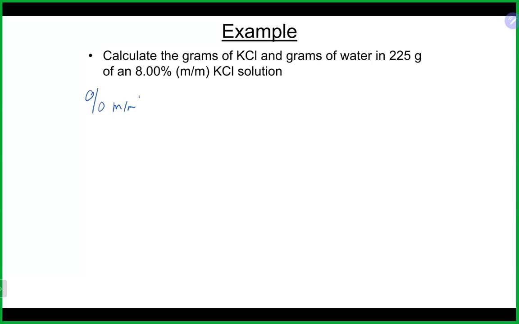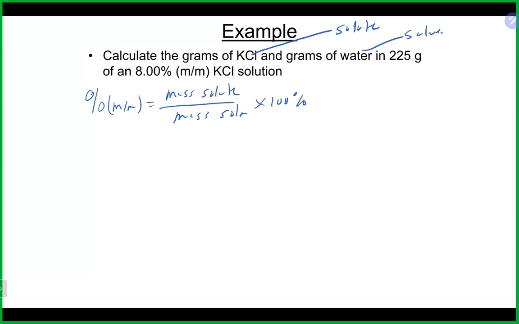Mass percent is the mass of our solute divided by the mass of the solution times 100%. Again, here KCl would be our solute and water would be our solvent. We do have the mass of the solution given to us, which is 225 grams.